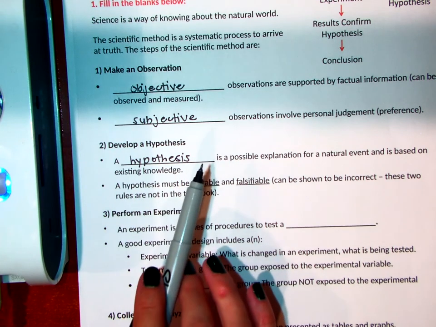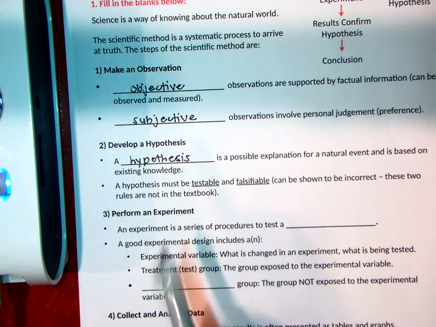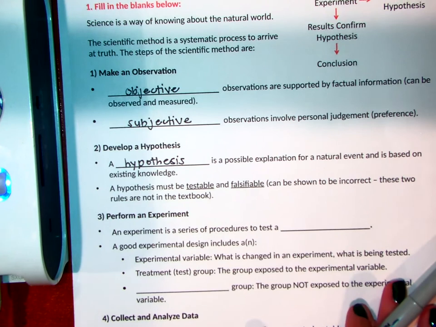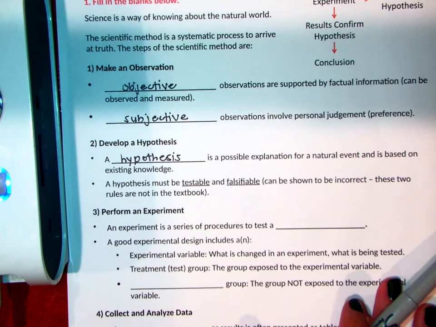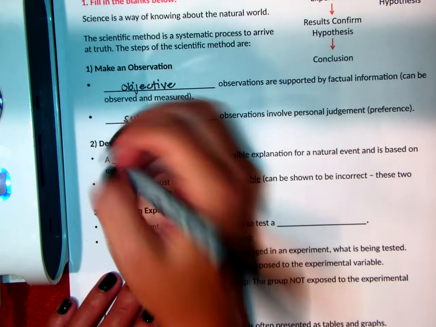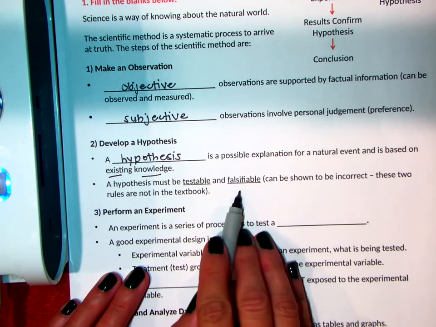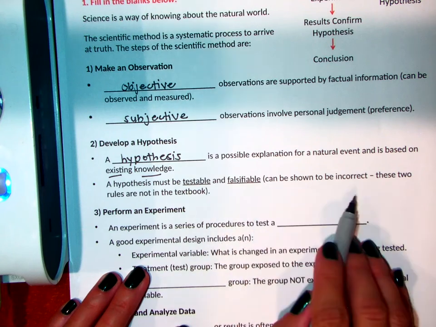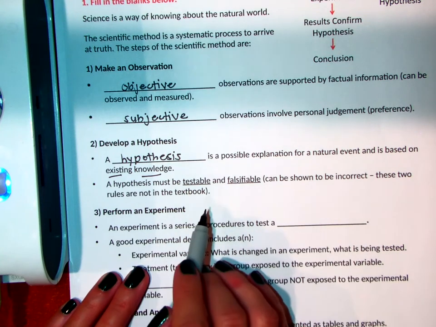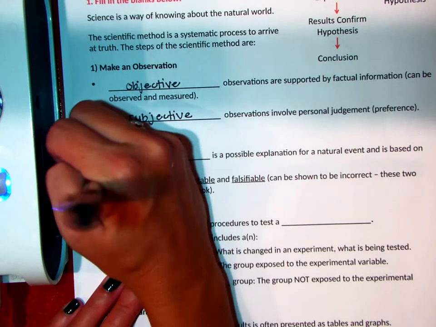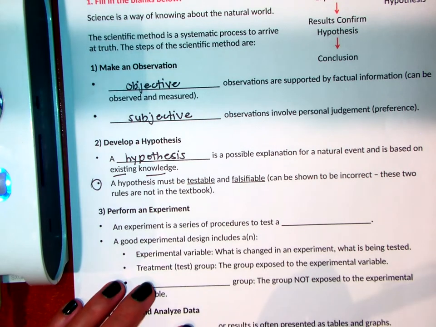Before you form a hypothesis, you should do some sort of research about the observation that you've made or the question you have and see what's already known about it. And then you can form your hypothesis based on that existing knowledge. A hypothesis must be testable and falsifiable, meaning it can be shown to be incorrect. And these two rules are not in the textbook, so that's just something to note.